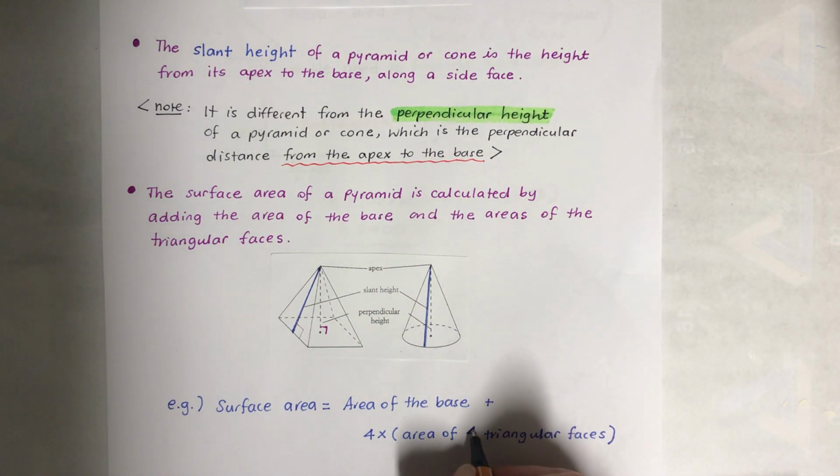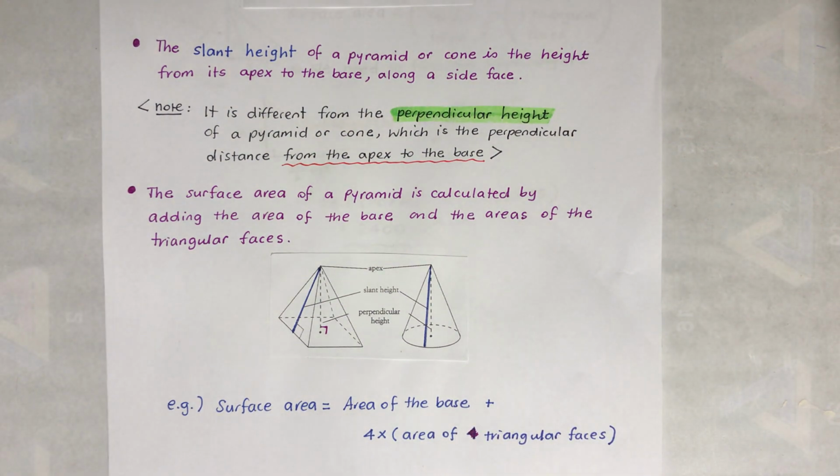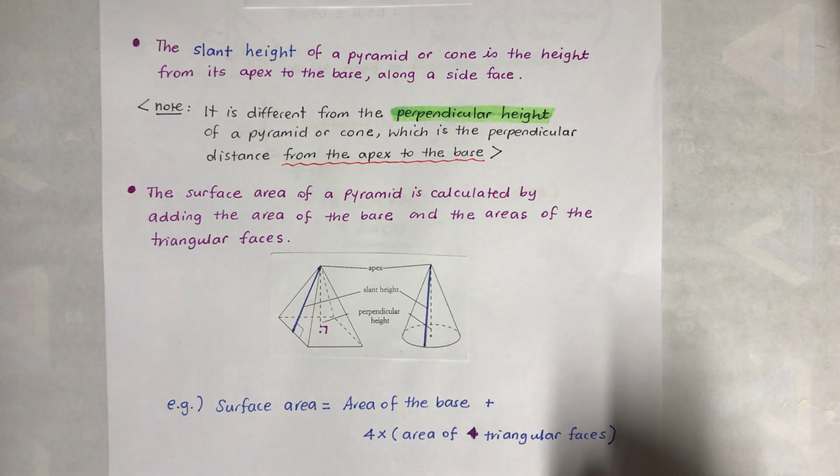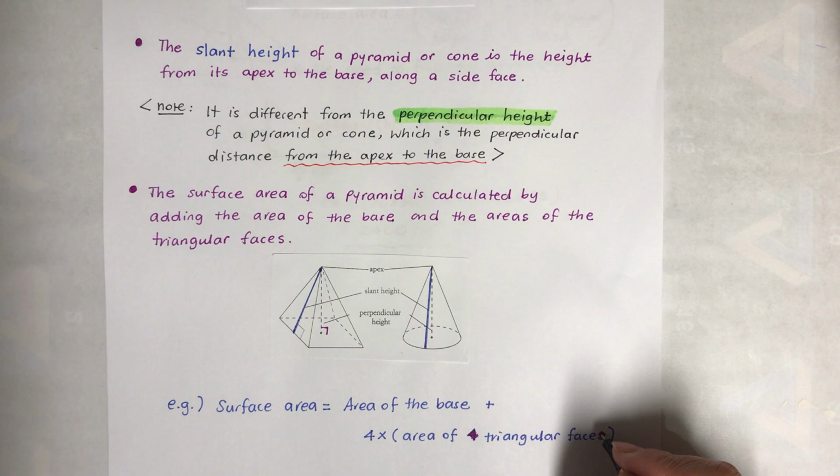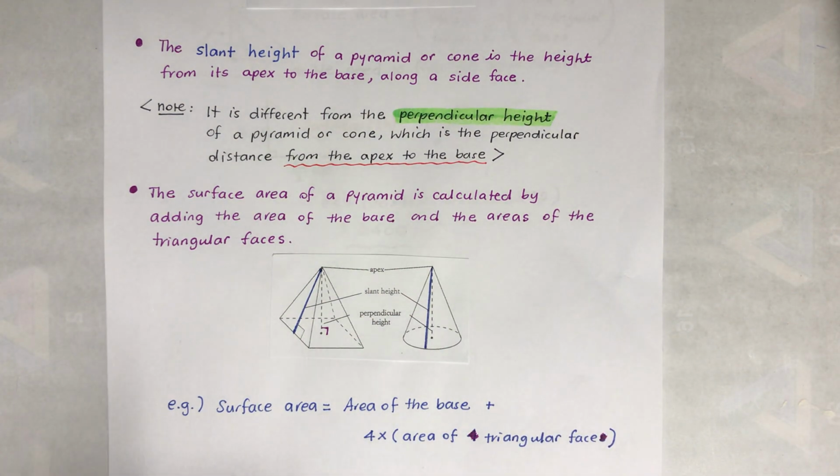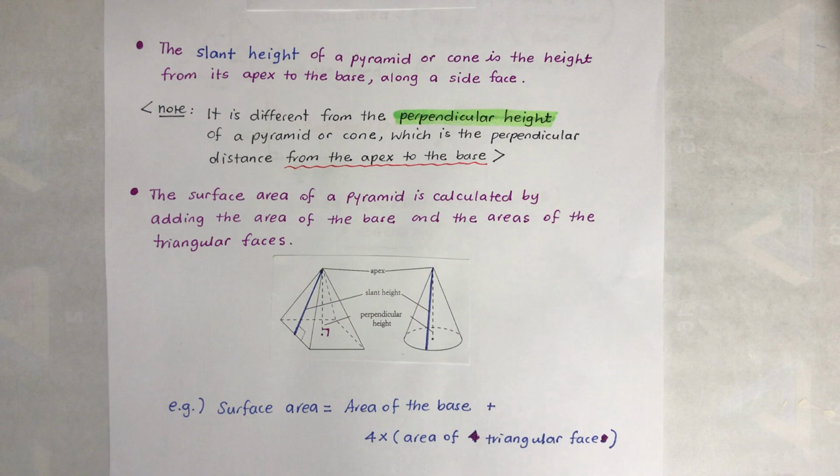I think I made a mistake here. The 4 is already there, so with 4 faces, it'll be 4 times the area of the triangular face. But that's only for a rectangle or square base. If it's a triangle, it'll be 3.